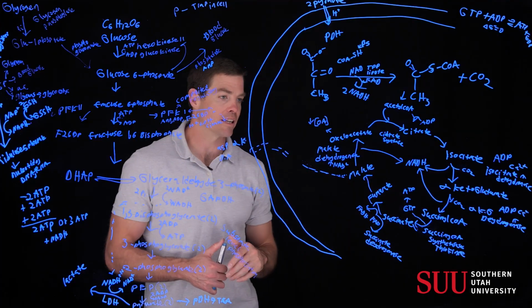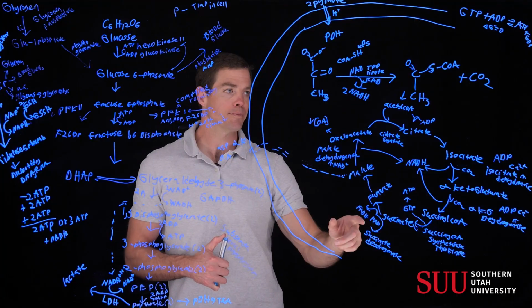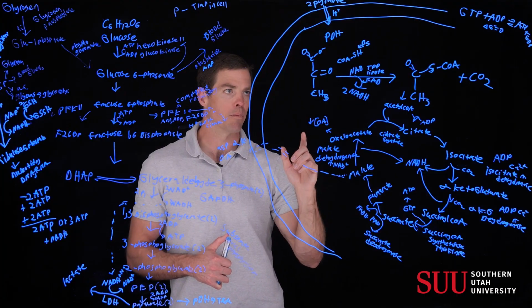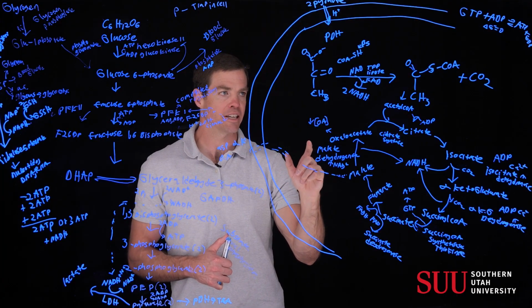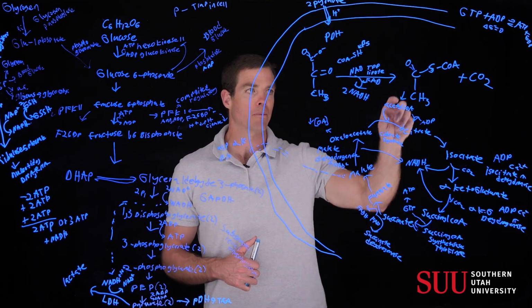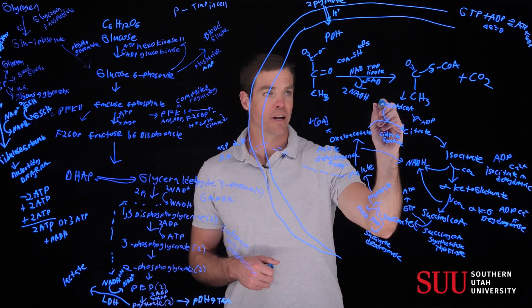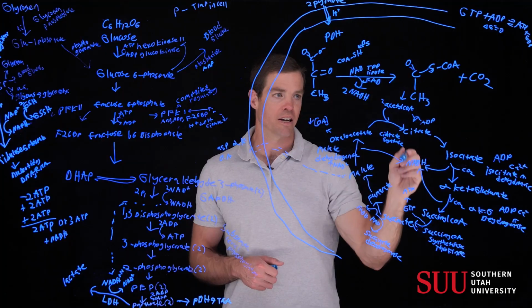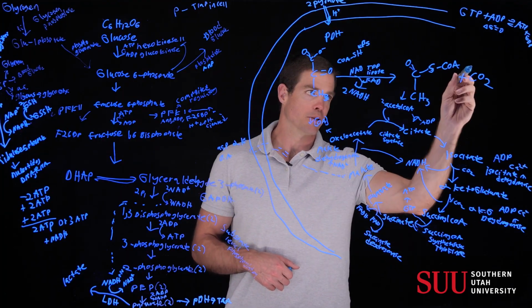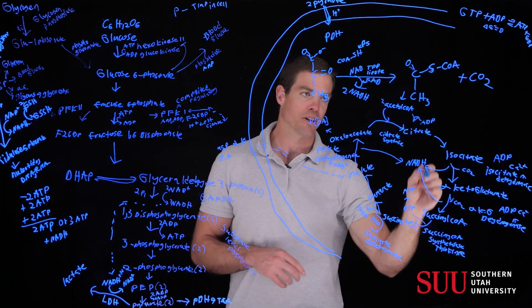Okay, so now with this cycle we just went through, what we just did was with one acetyl-CoA. But remember, there are actually two acetyl-CoAs coming through because you had two pyruvates, right? And so there would be two pyruvates, two CO2s right there.